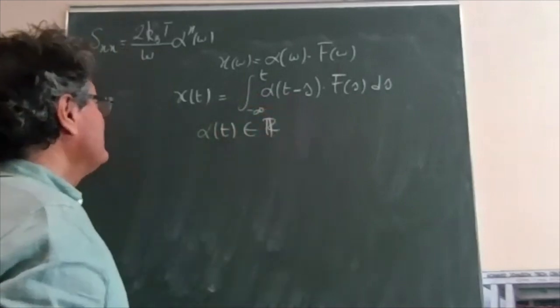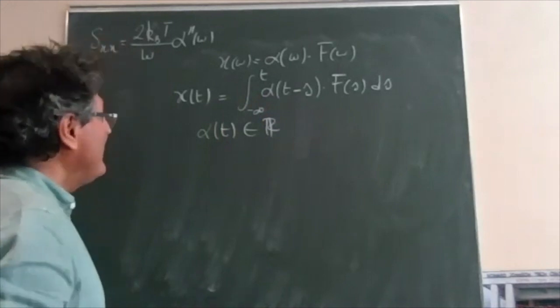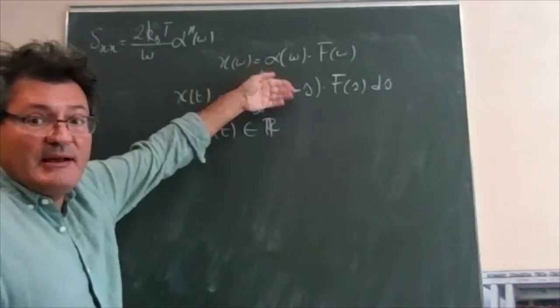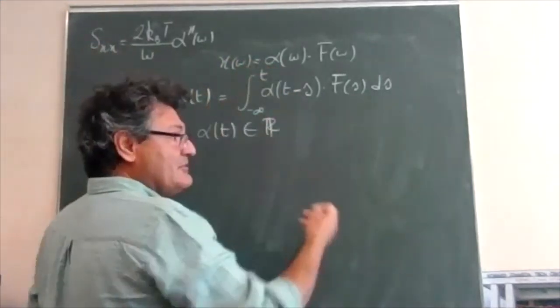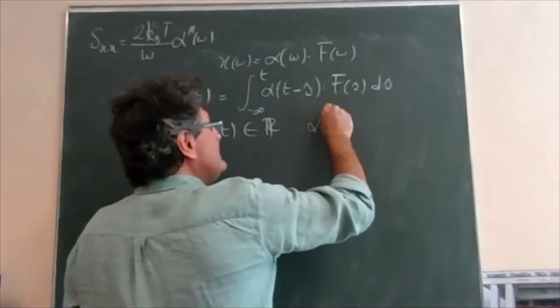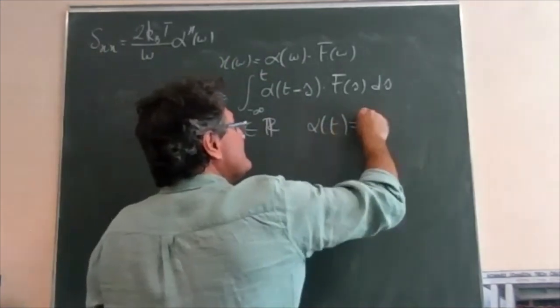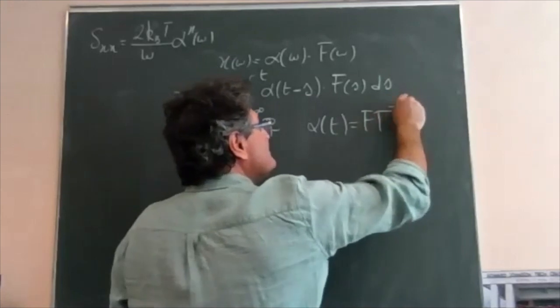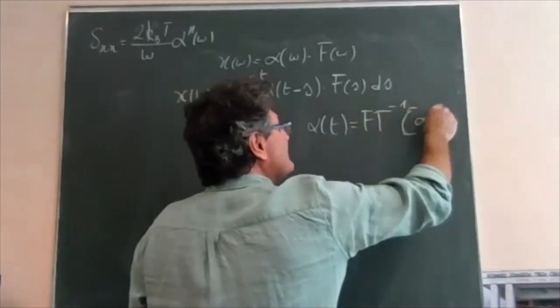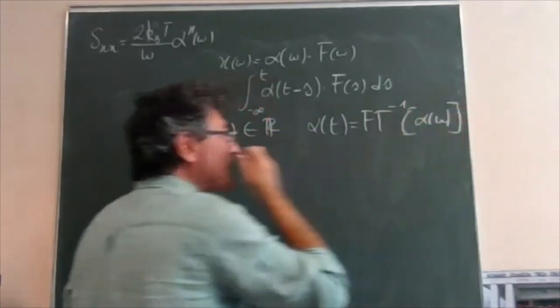And alpha of t is related to alpha of omega through the inverse Fourier transform. So alpha of t is the inverse Fourier transform of alpha of omega.